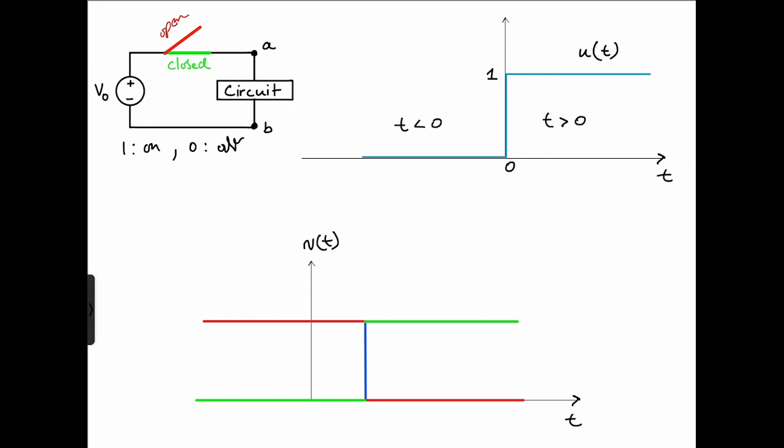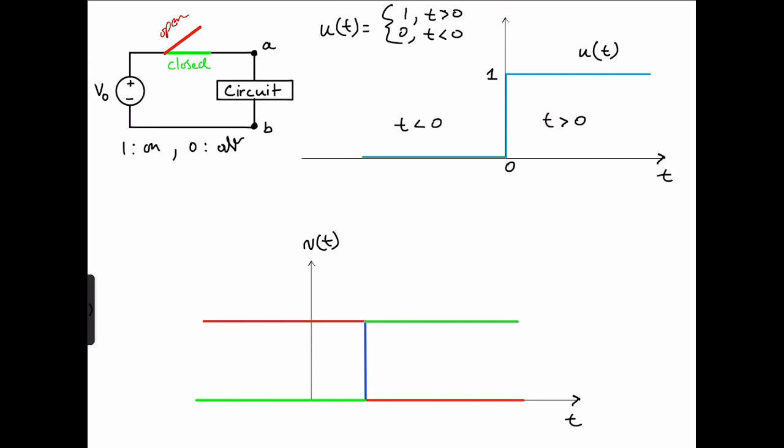So it takes some time to go from 0 to 1. Normally we write that as a piecewise function: 1 for t greater than 0, and 0 for t less than 0.